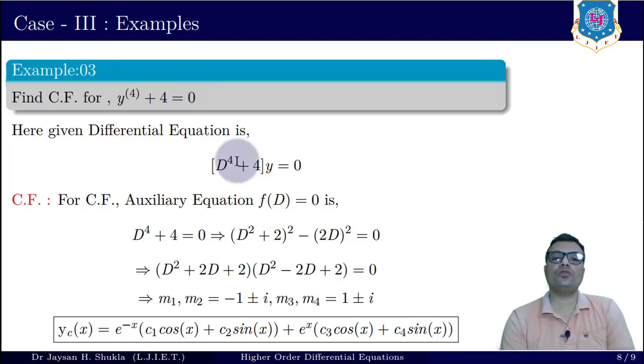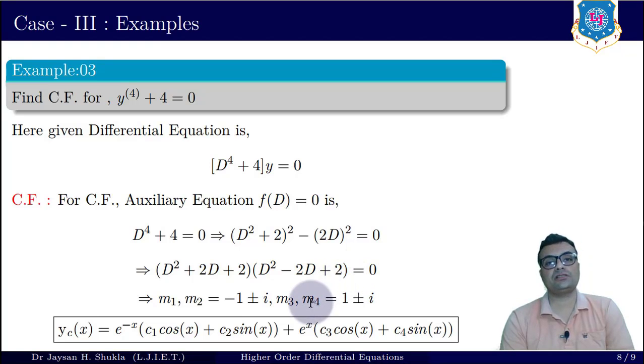We get D^4 + 4 = 0, and then the auxiliary equation would be f(D) = 0, with D^4 + 4 = 0, which eventually will give you (D^2 + 2)^2 - (2D)^2. So I am adding and subtracting this (2D)^2 to make it a perfect square. Finally, it will give you (D^2 + 2D + 2)(D^2 - 2D + 2) = 0.